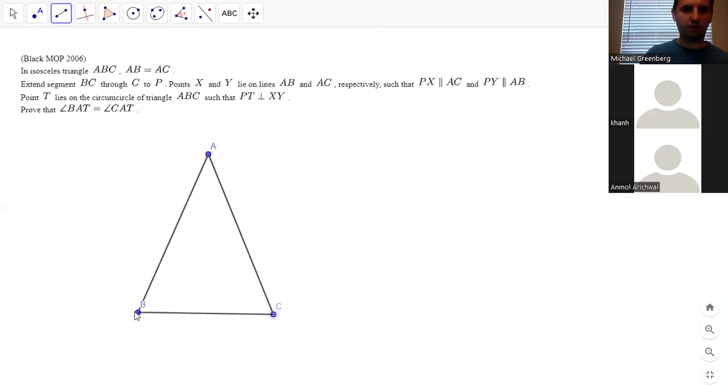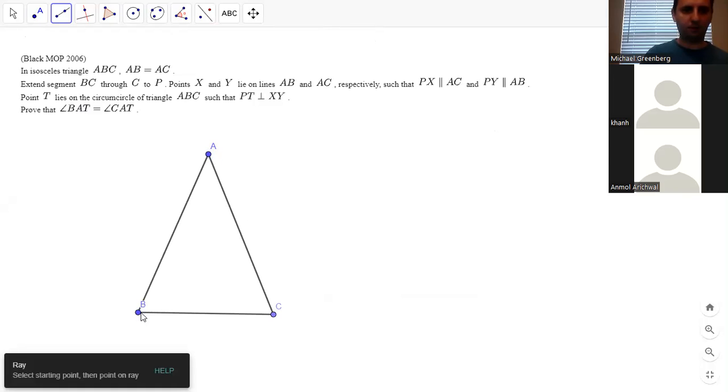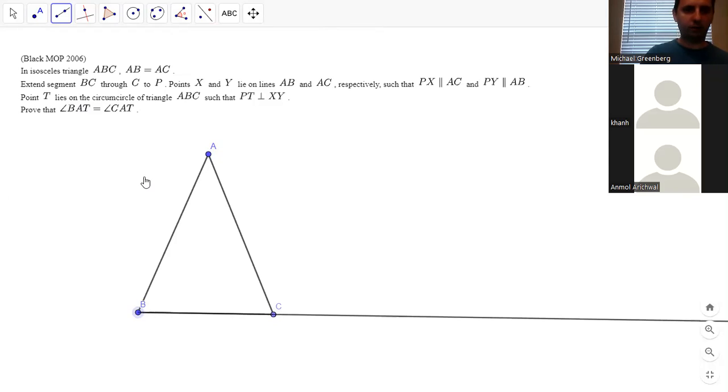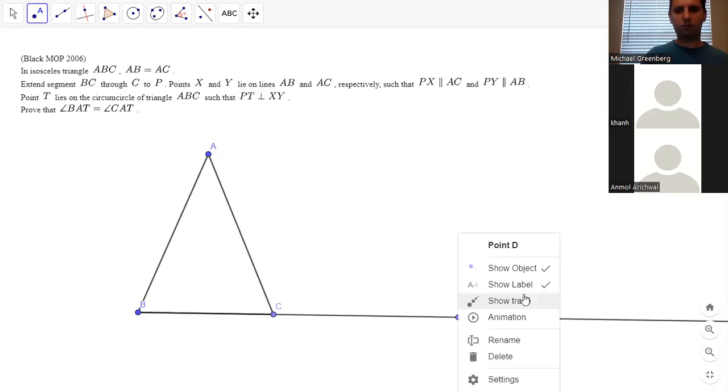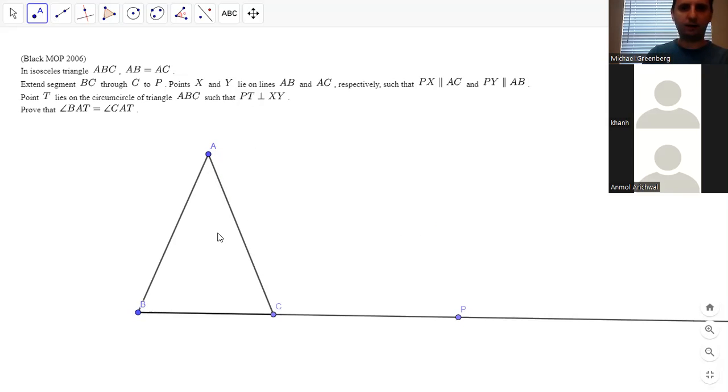And then we extend this, so we draw a ray. Call this point P. X and Y are on AB and AC, so PX is parallel to AC, and PY is parallel to AB.